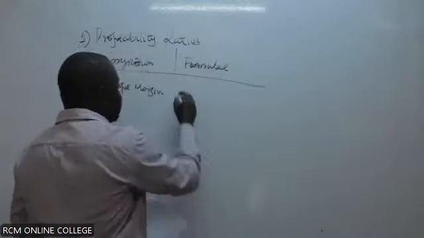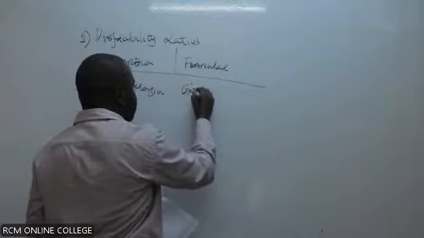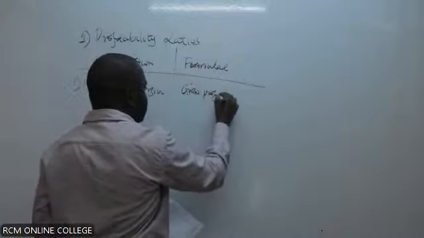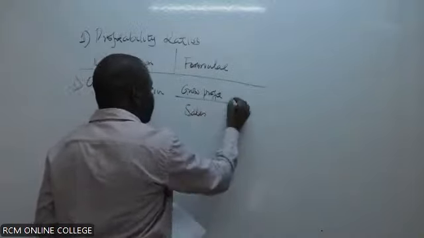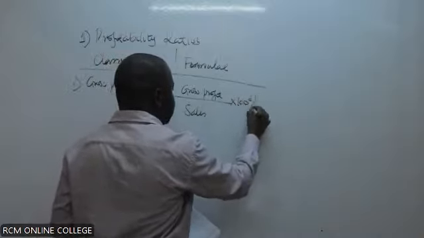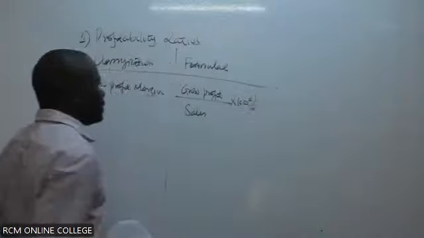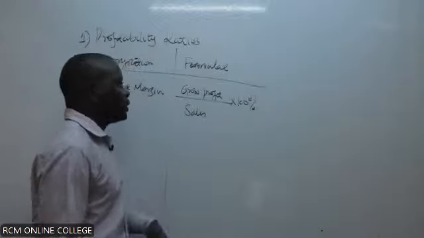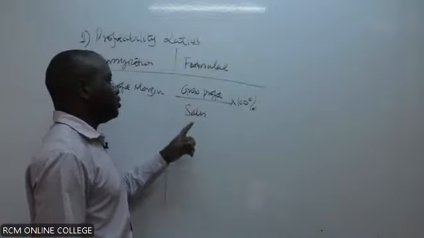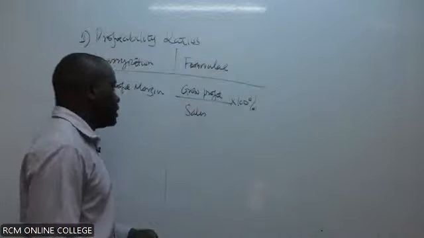So in this case, you take the gross profit, divide by the sales, and multiply by 100%. So it will be expressed as a percentage. You go to the income statement, look at the gross profit, divide by the sales, multiply by 100%.